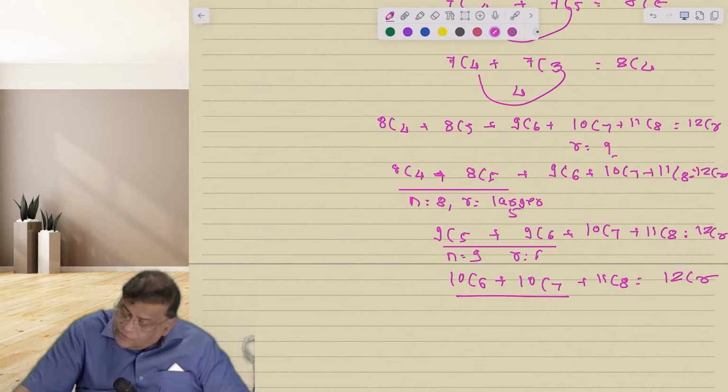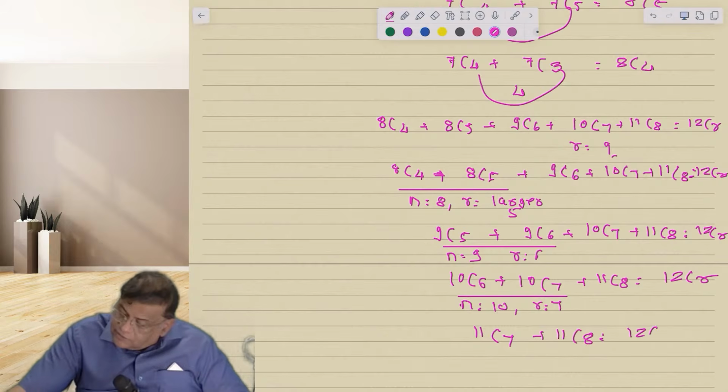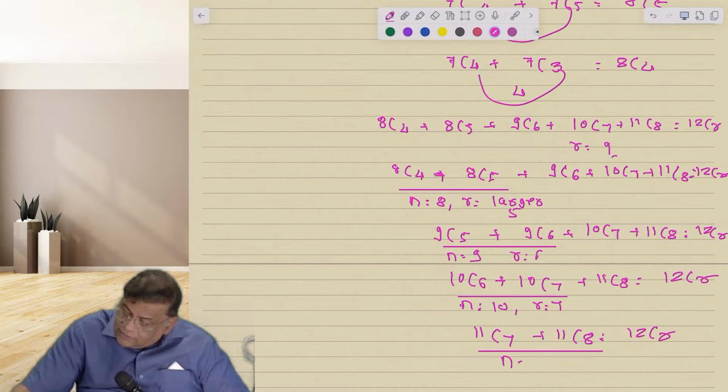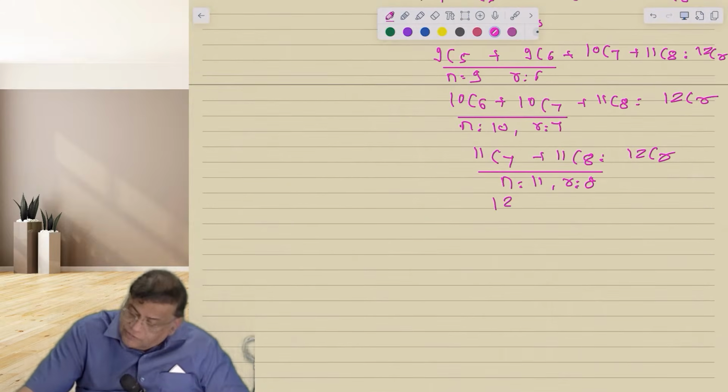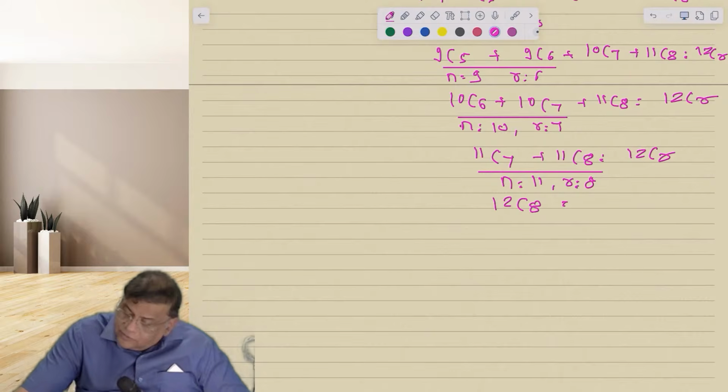Now consider these two. And here n is 10, r is 7. So 11C7 plus 11C8 is 12Cr. Now I consider these two. n is 11 and r is the bigger, which is 8. Therefore 12C8 is equal to 12Cr.